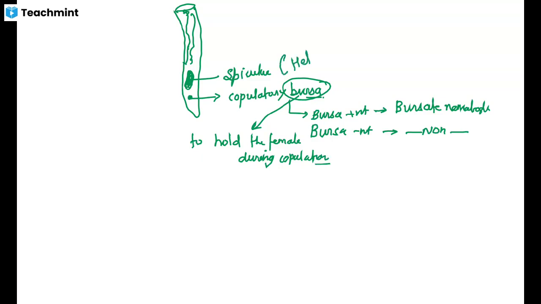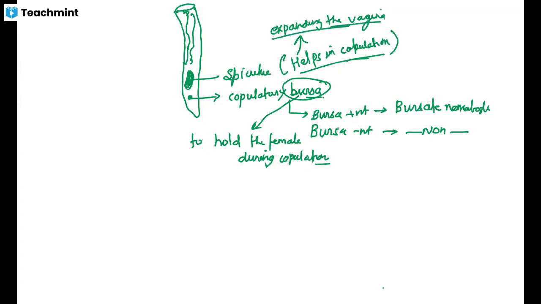It helps in copulation. How it helps? By expanding the vagina. So जब vagina expand होगी तो there will be easy for the sperms to flow. So the spicules help in the copulation.